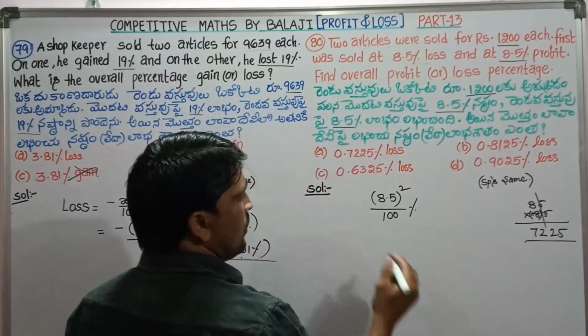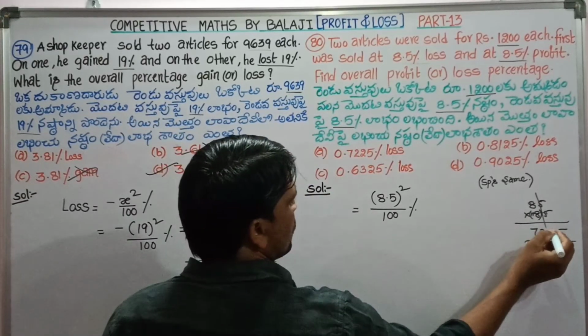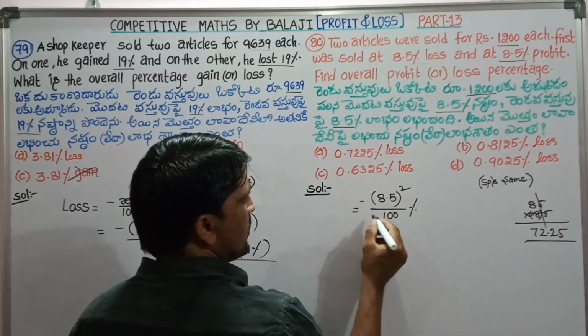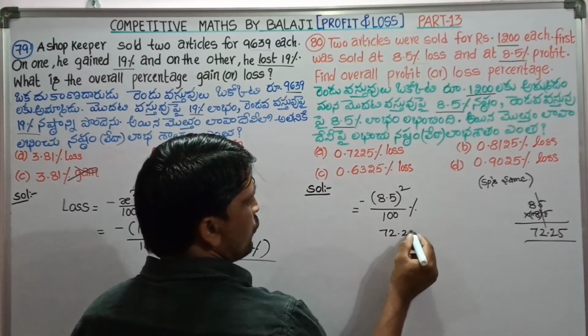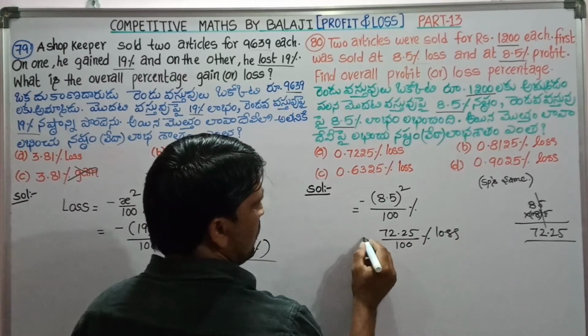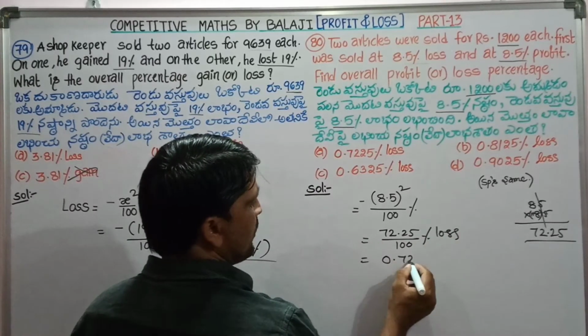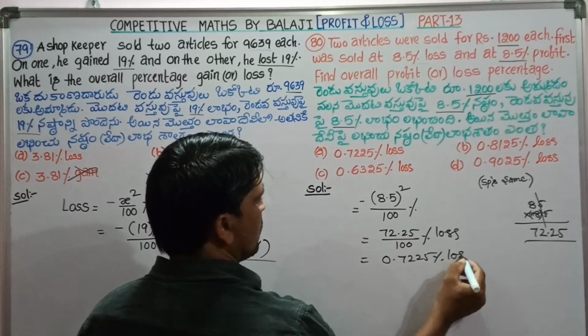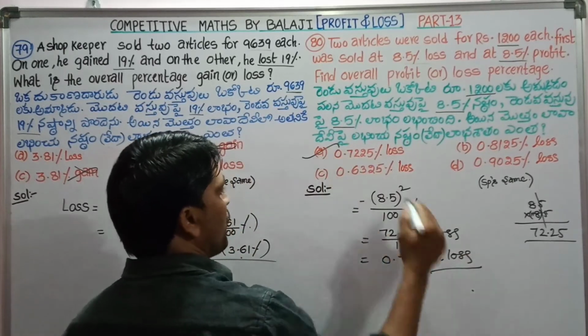The answer will have 2 decimal places. Loss is 72.25 by 100% loss, that is 0.7225% loss. So answer is A.